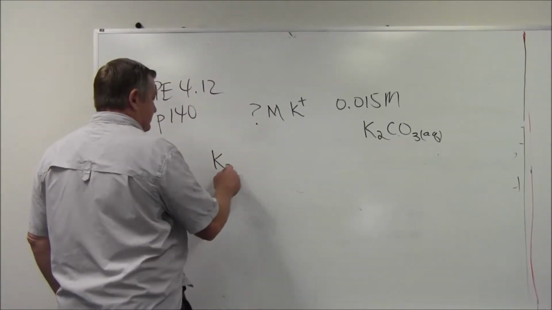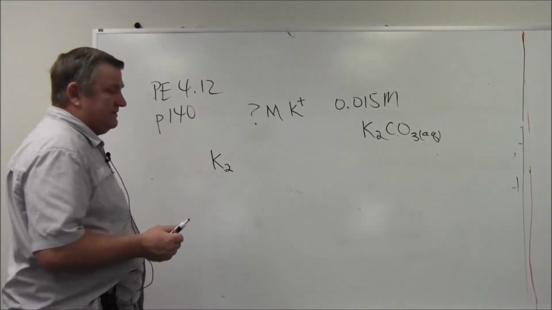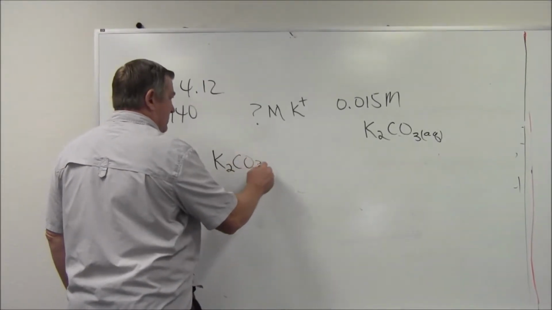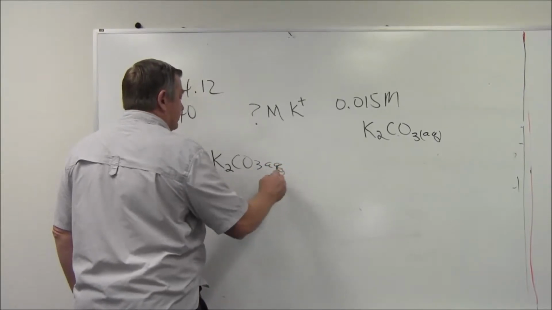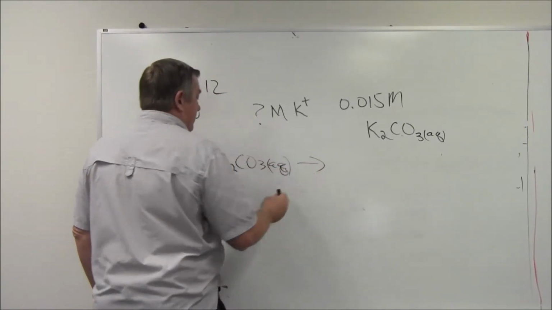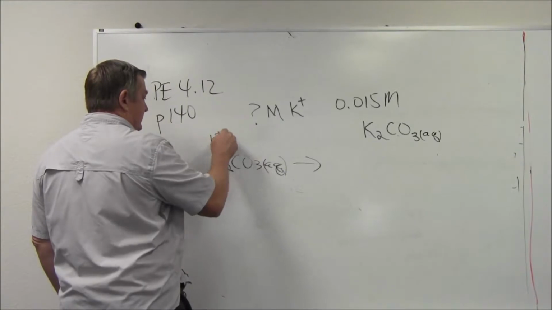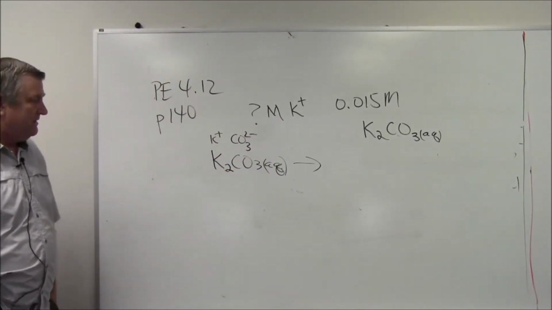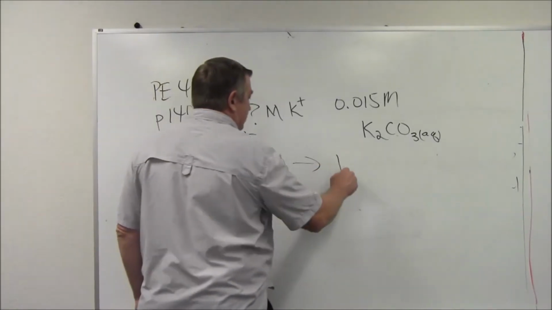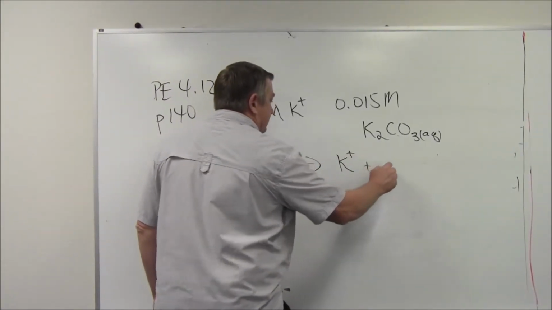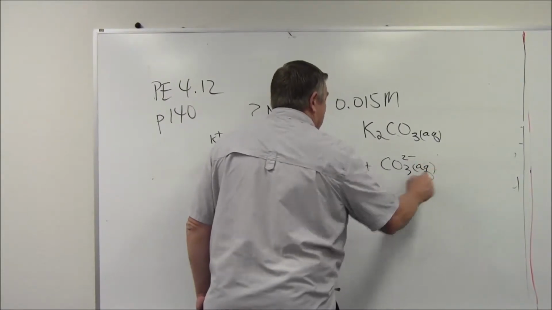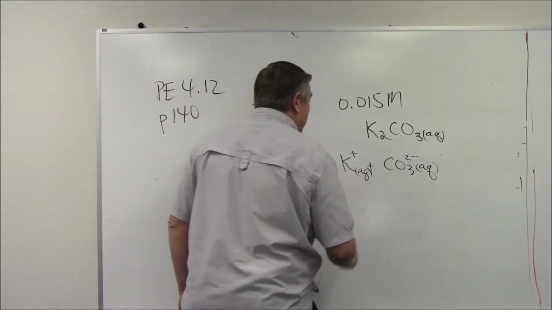So we're going to show it dissolved in water into ions as a soluble salt. So you know that the cation's K plus and the anion's carbonate. And so we're going to make K plus ions and carbonates as it dissolves and pulls apart.